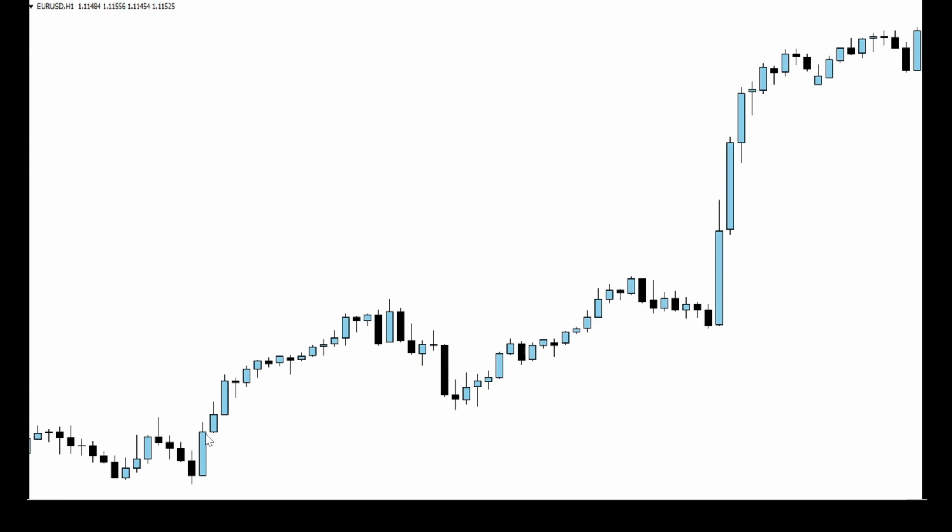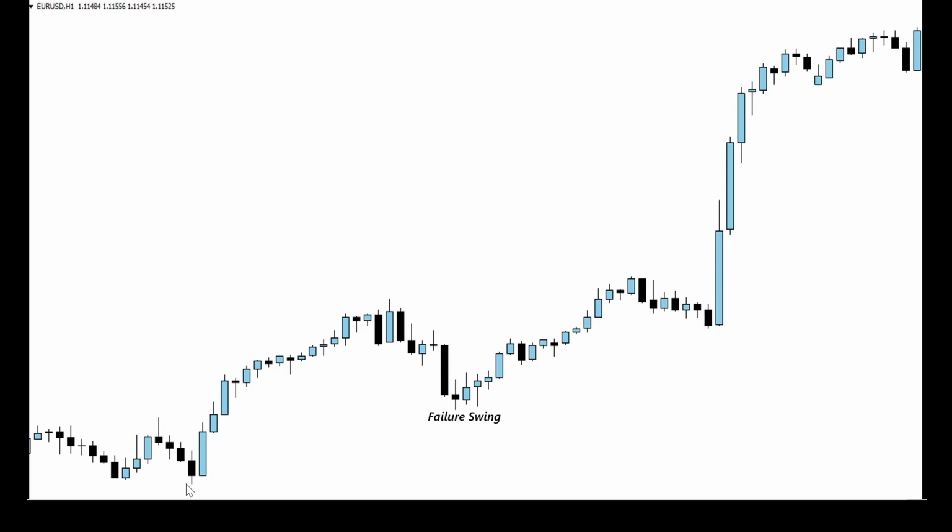And as we can see, this is a swing low followed with a rally and a swing high created right here. Then a retracement, creating a swing low, failing to go below this low, making it a failure swing.